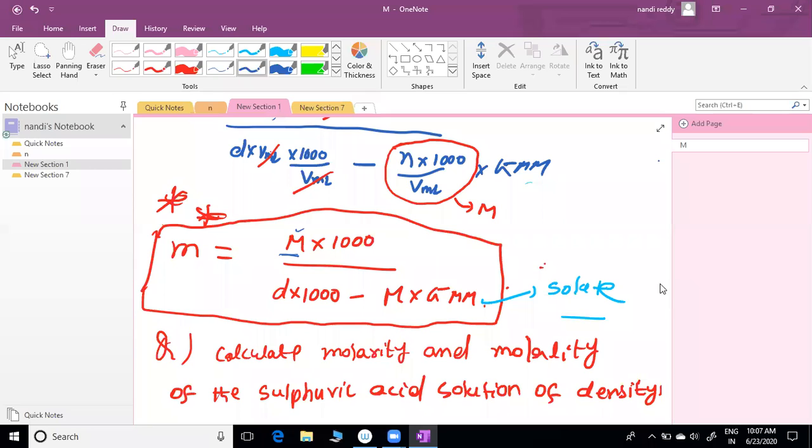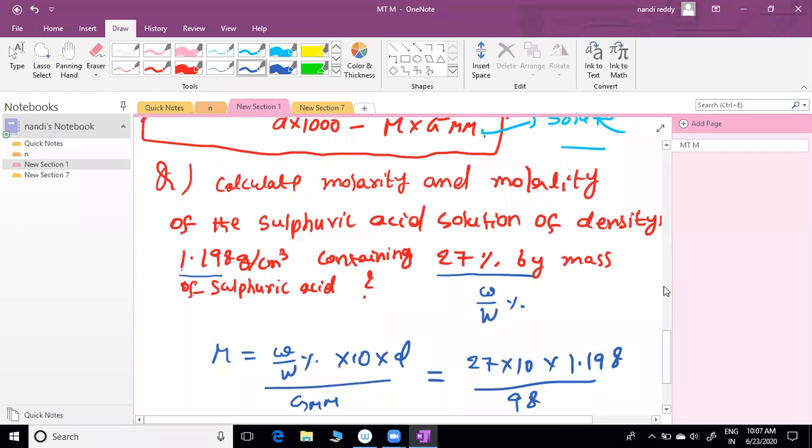Please, the question. So molarity equals 0.1325. Is it correct? Please check it.